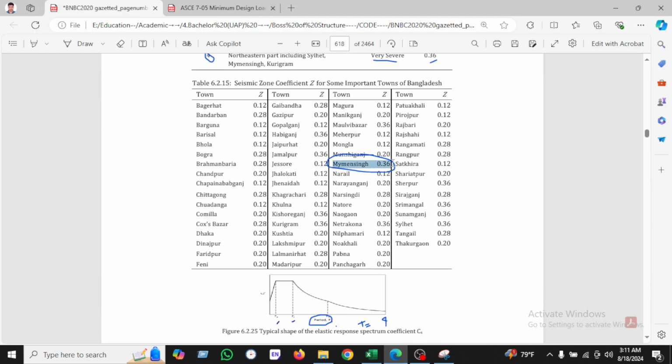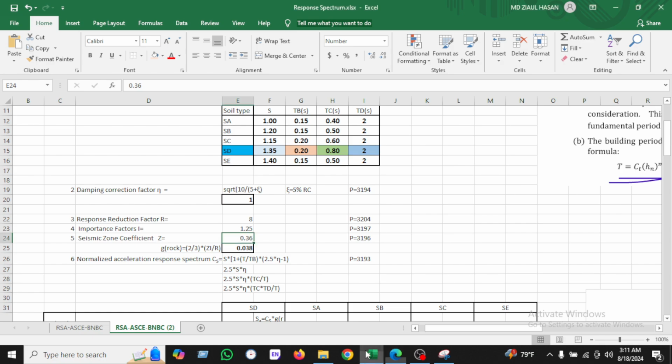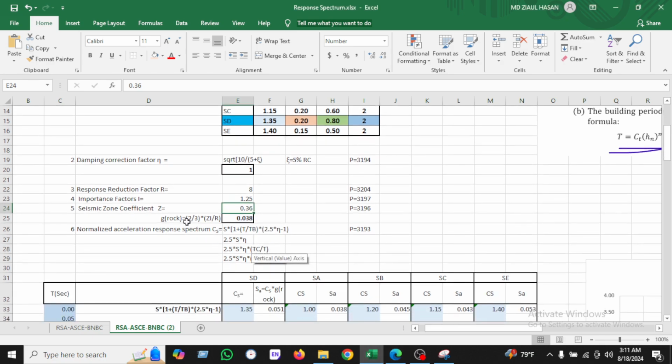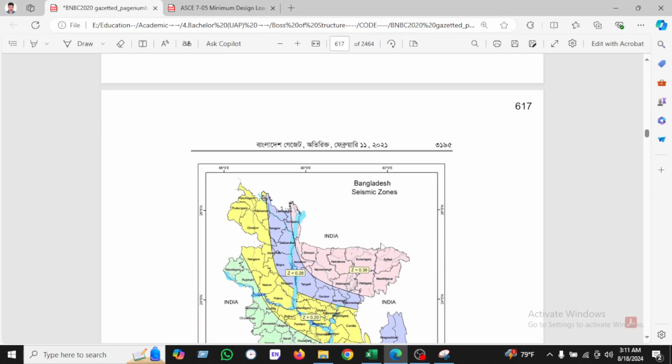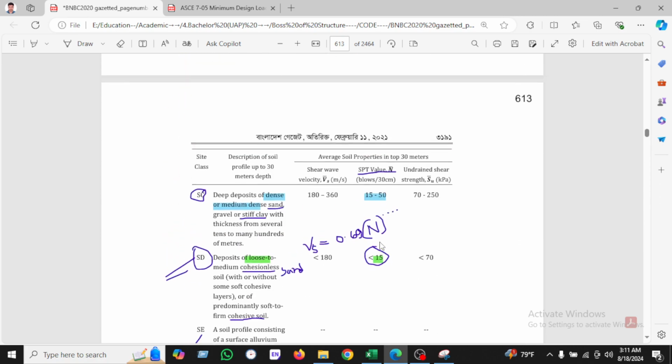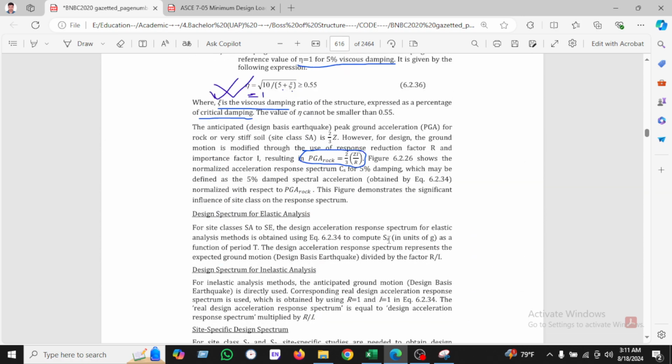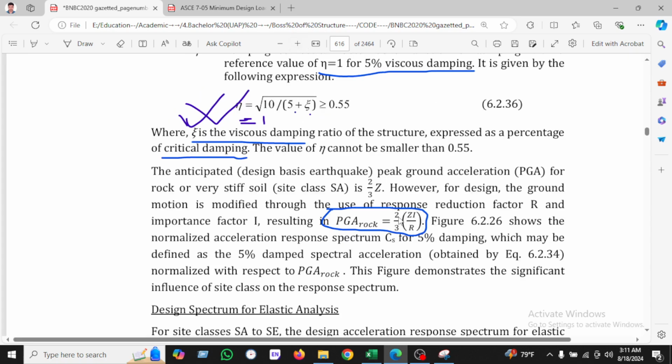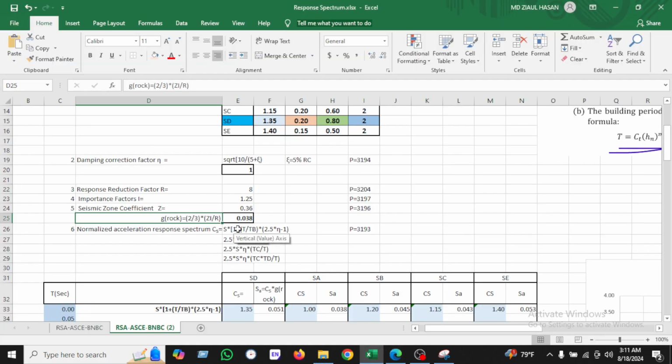Our zone coefficient is 0.30, and the rock acceleration is equal to 2.3. Here is the rock value, 2/3 times Z I by R, which gives 0.330.